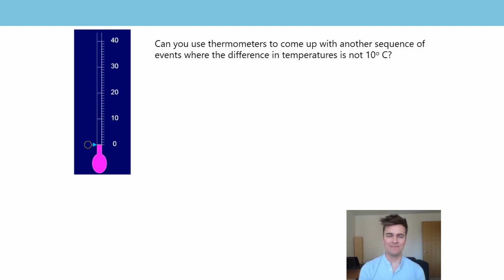Okay, are you ready? Hold up for me whatever you've been working on to show this idea of same difference, but with a different difference to 10. Hold up your paper. Fantastic. Here are some questions. What did you start at? What was your starting temperature?